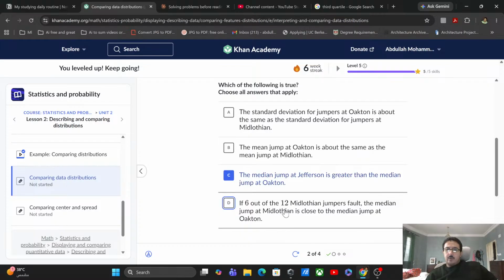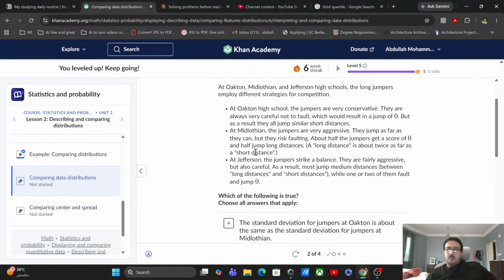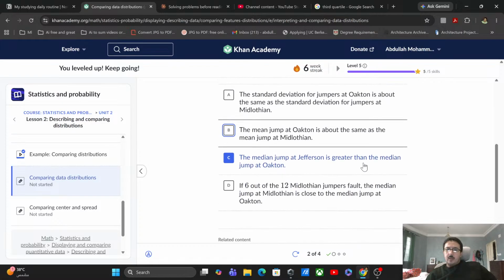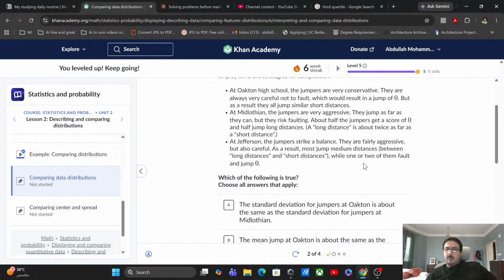If 6 out of 12 Middleton jumpers fault, the median jump at Middleton is close to the median jump at Octane. If 6 out of the 12 jumpers fault, that's half.